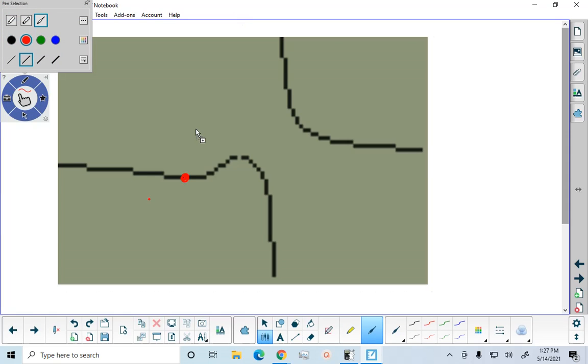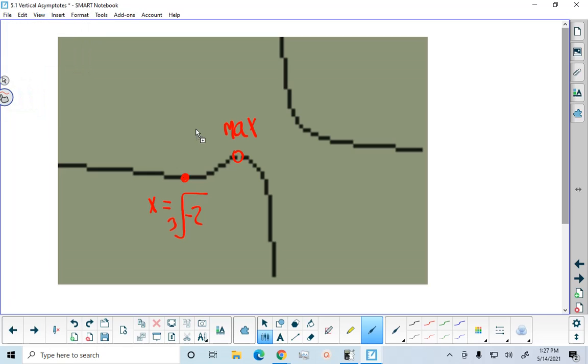That would be at x equals the cube root of negative 2. At this point, there's a maximum, which again is very weird because if you look carefully at that point, there's a hole there. If you go zoom decimal, you very often see the hole. And that maximum is occurring in the vicinity of 0. Thank you for catching that, Aaron.